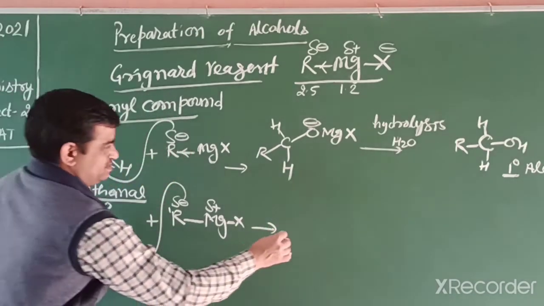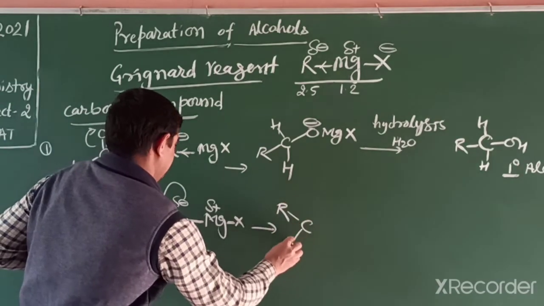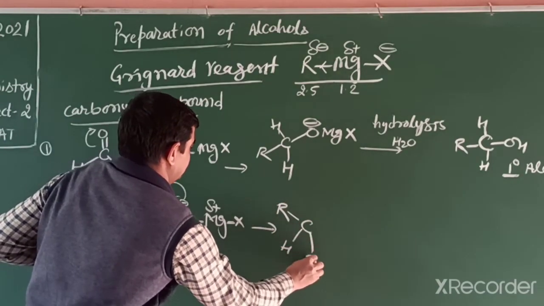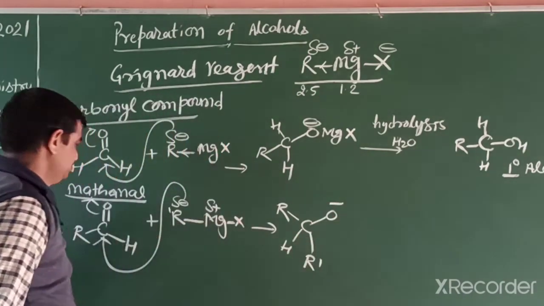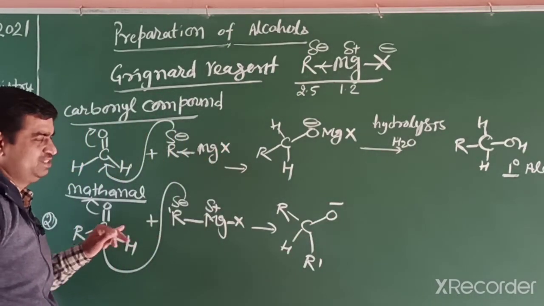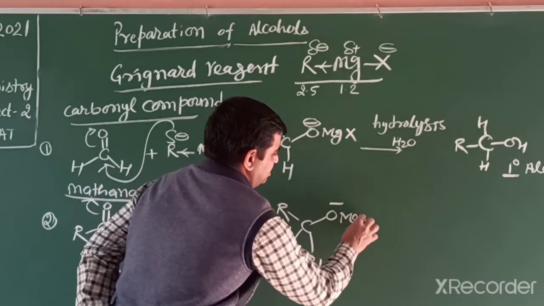The addition product first has R, H and R dash, oxygen minus, meaning the sp2 hybridized carbon changes into sp3, and then MgX.